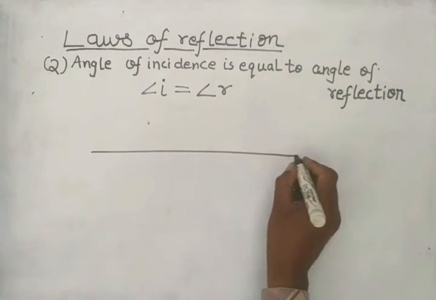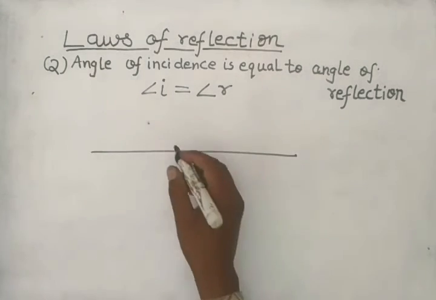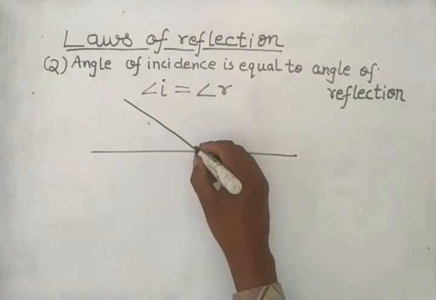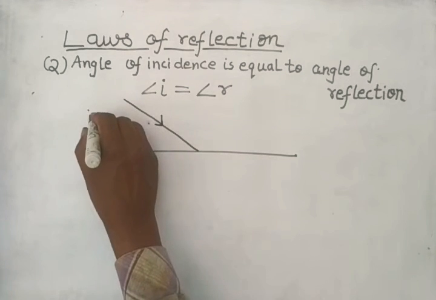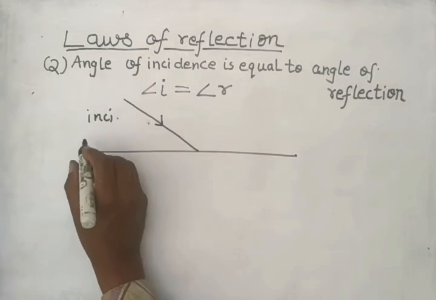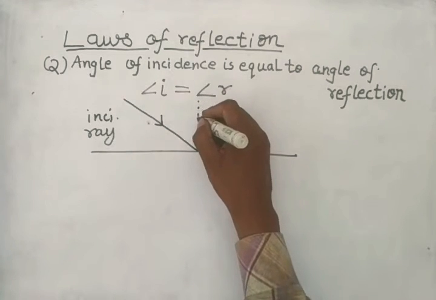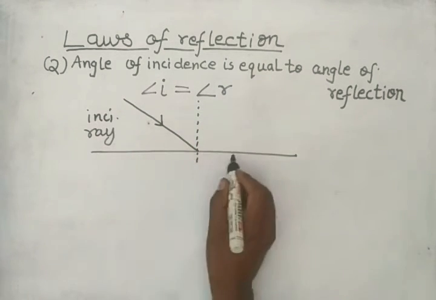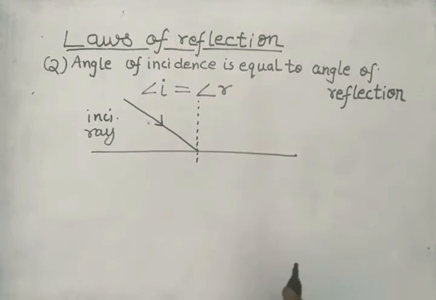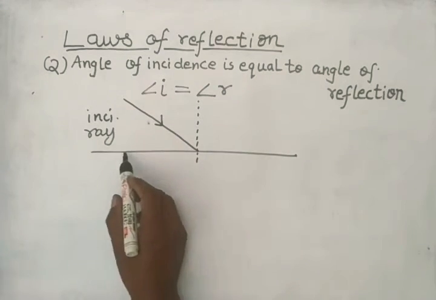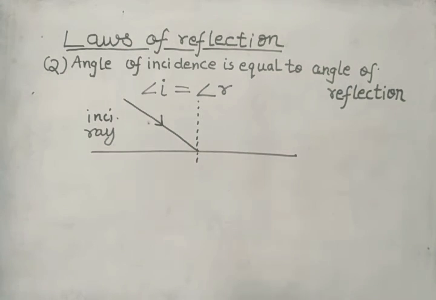Let us suppose this is a reflecting surface. So this is the incident ray. First I will mark a perpendicular line with respect to this plane surface. Now here is a terminology of slightly higher classes.